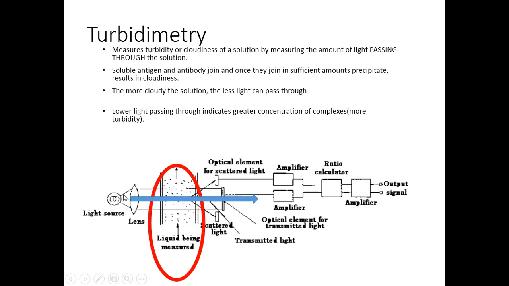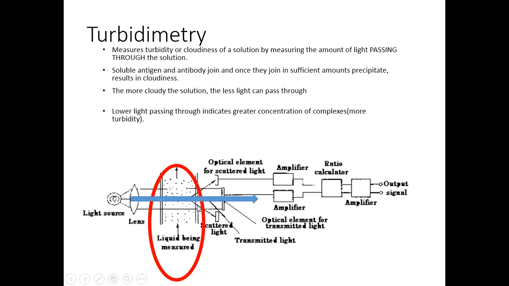You invert the solution to make sure it's well mixed, then put it in, most likely, a spectrophotometer. Pass a light through it and you get the measurement of the light that passes through. You have the initial reading, so you know how much light you started with, you measure the amount of light that passes through, and the difference is what didn't pass through, because every time the light hits a particle within the solution, it gets scattered off.